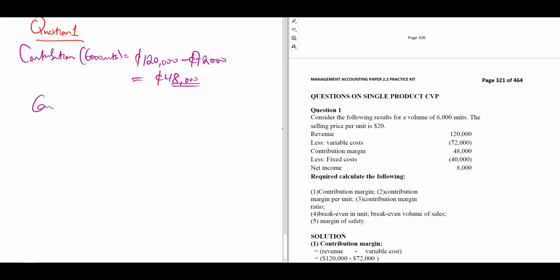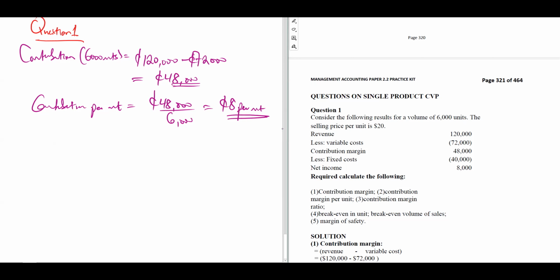But now everything is about contribution per unit, so we take our 48,000 and divide by the number of units, 6,000. So our contribution per unit is 8 cedis per unit.